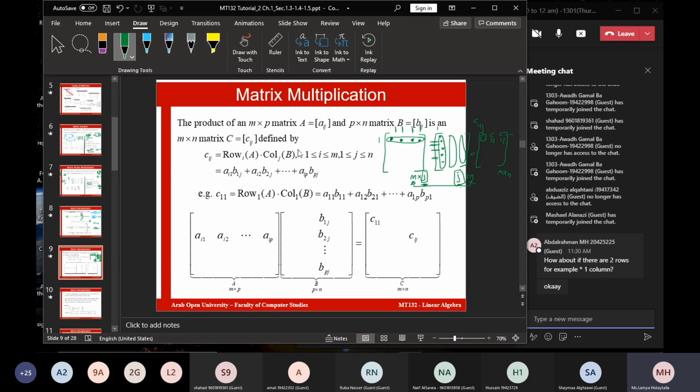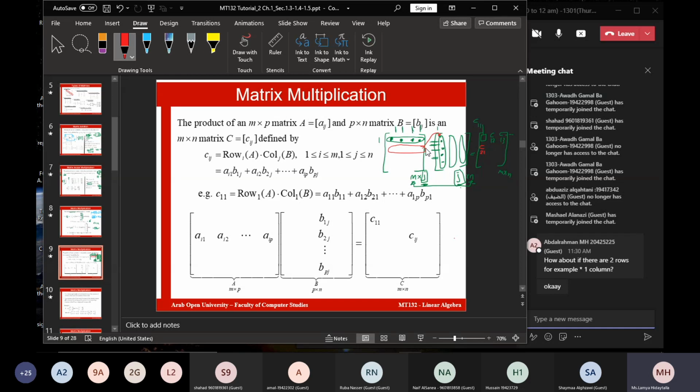Then what's next? After you finish, now you go to the second row of the first matrix. From the first matrix, I take only the rows, and then you multiply times the first column, and then you get C21, from the second row with the first column.